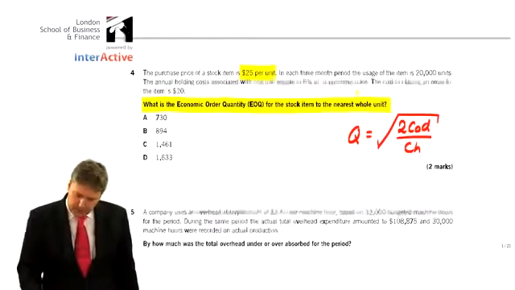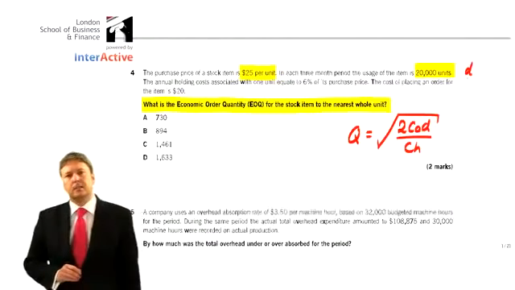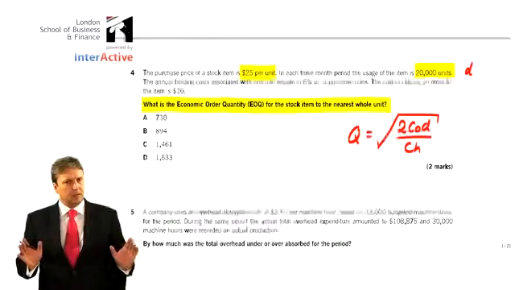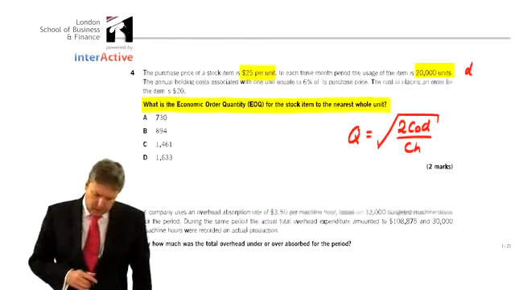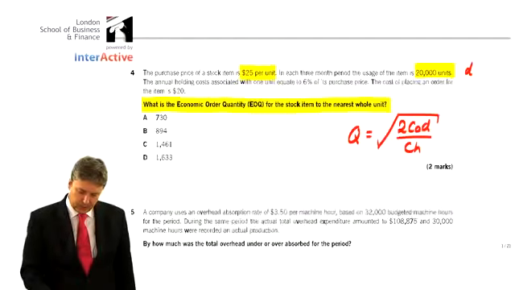In each 3-month period, the usage of the item is 20,000 units. Well, okay, so that's going to give us some sort of demand figure, isn't it? Fine. Got to be slightly careful. The annual holding costs associated with one unit equate to 6% of its purchase price.